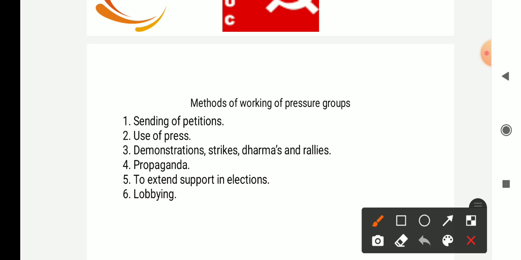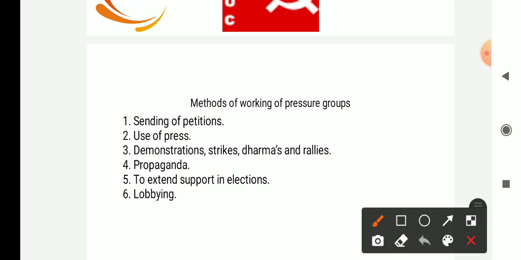Then we have lobbying. It is a technique of putting pressure on the government and governmental officials, and for this pressure groups send deputations. They also do meetings with the high officials, ministers, legislators, and they run certain kinds of campaigns like signature campaigns.